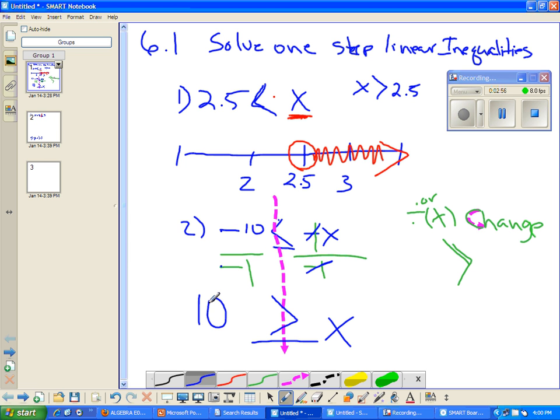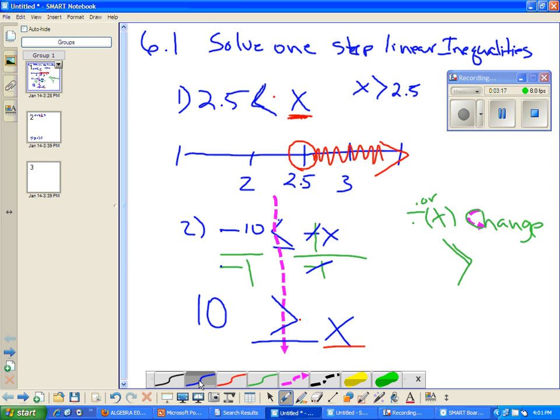Now, I'm probably going to have to graph this, and that's okay. Remember, I started reading by x, so I'm going to read it like this: x is less than, because there's a little mouth toward it, or equal to, because it's underlined, or equal to 10.